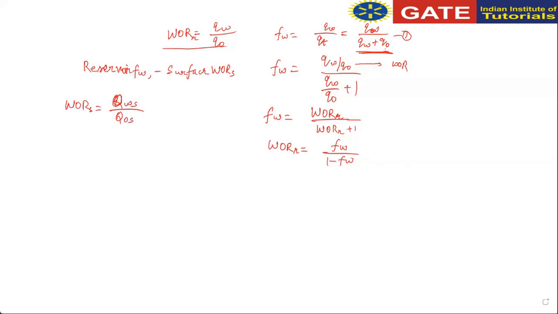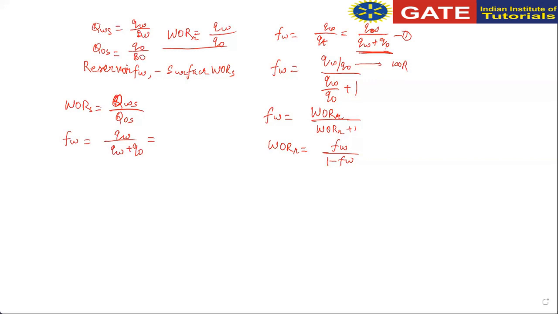Got it? So FW is equal to QW over QW plus QO. We know that QWS is equal to QW by BW, and QOS is equal to QO divided by BO.